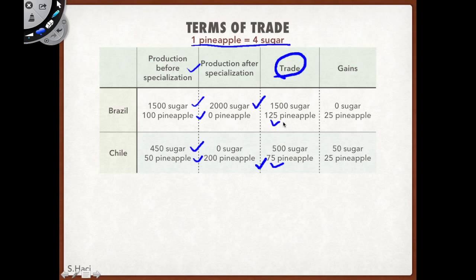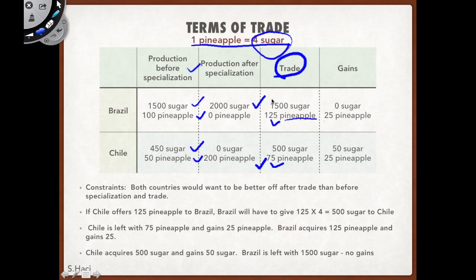So now, to pay for those 125 pineapples, Brazil is going to have to give up 4 sugar per unit of pineapple. So that 125 pineapple times 4 will give us 500 units of sugar.